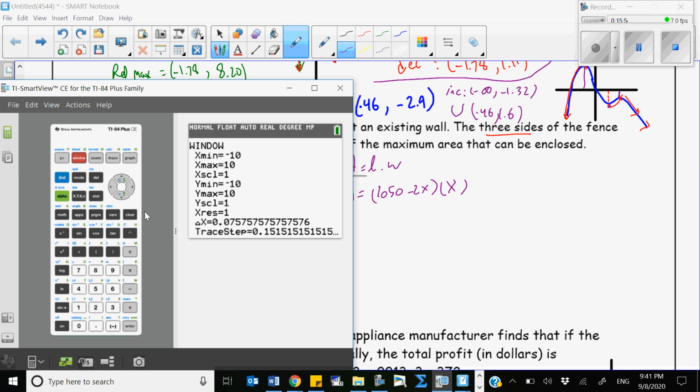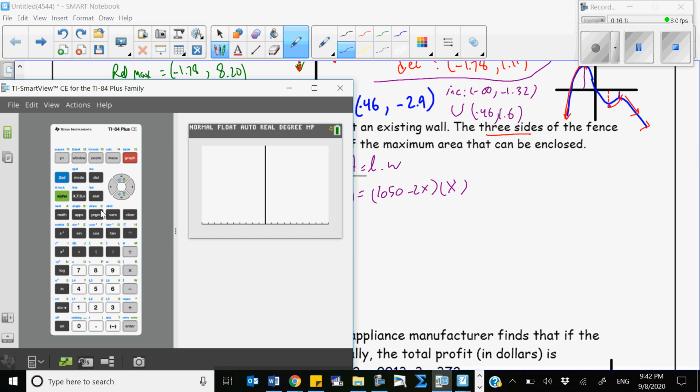Let's try 10,000, because 1050 is going to be multiplied by something else. I'm not even sure if that is going to be perfect, but I will try it. And the x values, let's just see what happens here.